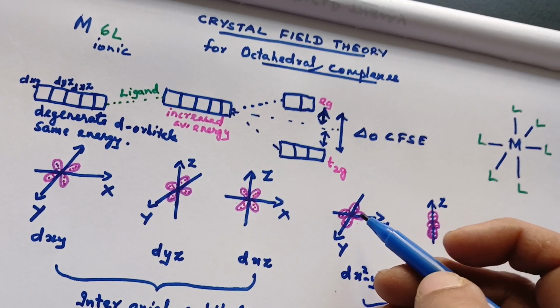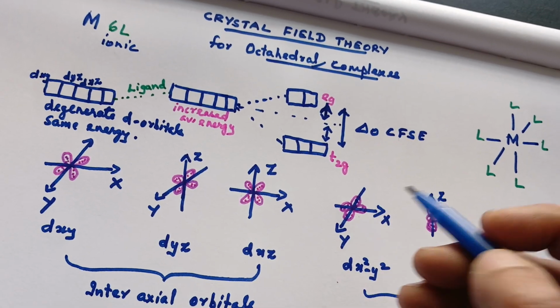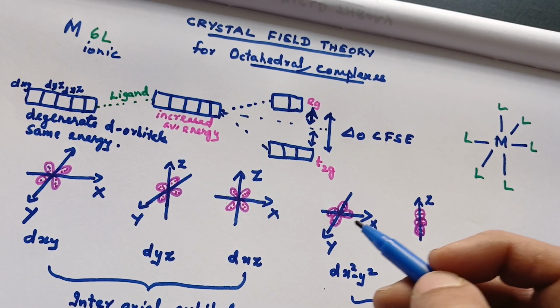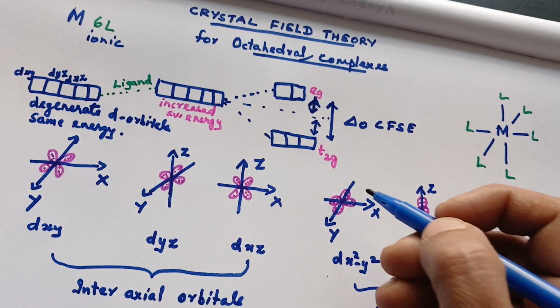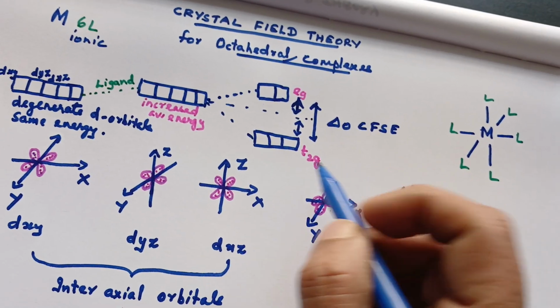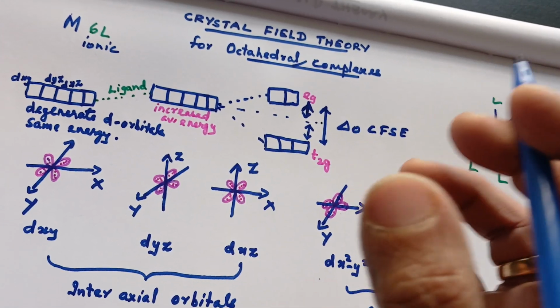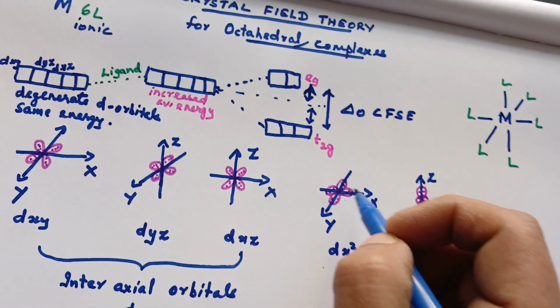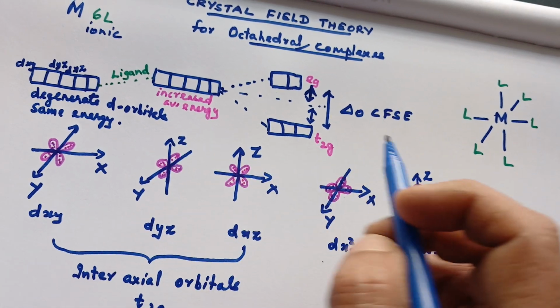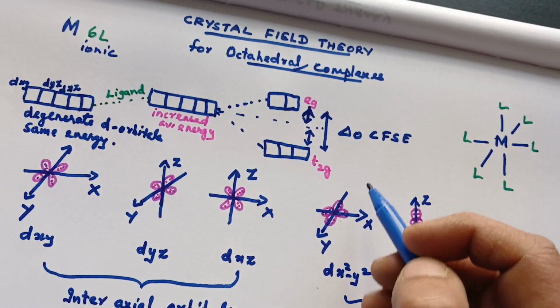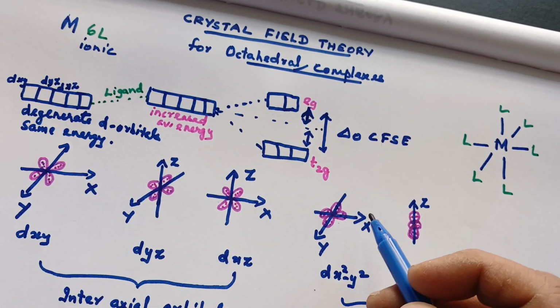That is because there is electrostatic repulsion between the metal electrons present in the partially filled d orbitals and the electrons in the approaching ligands.